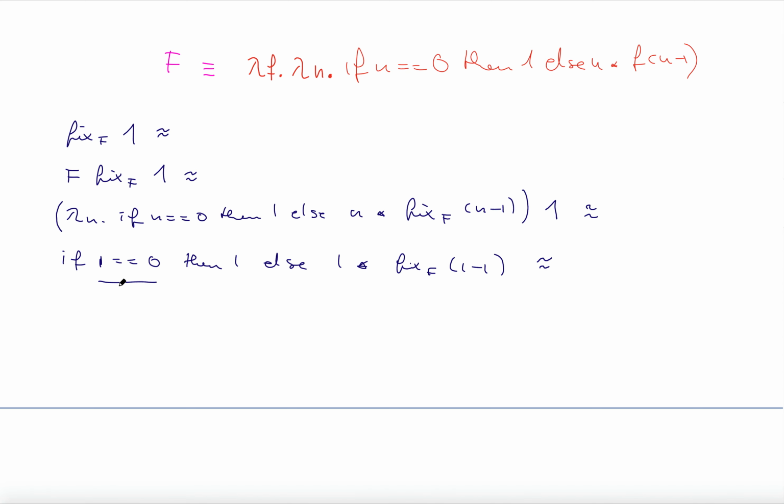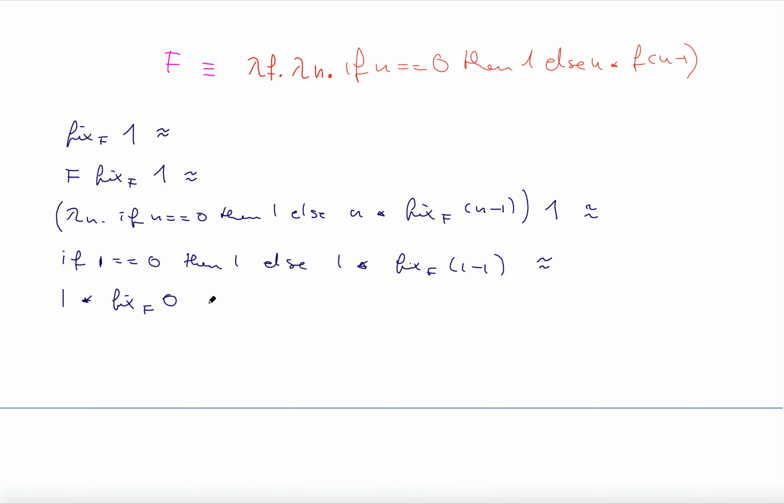We need now to use the computation rule for if then else. This condition evaluates to false, which means that we choose the else branch. And in the else branch, I'm also going to use the computation rule for numbers: 1 minus 1 is 0. So these are 2 steps in one go. And then this reduces to 1 times fix f of 0.